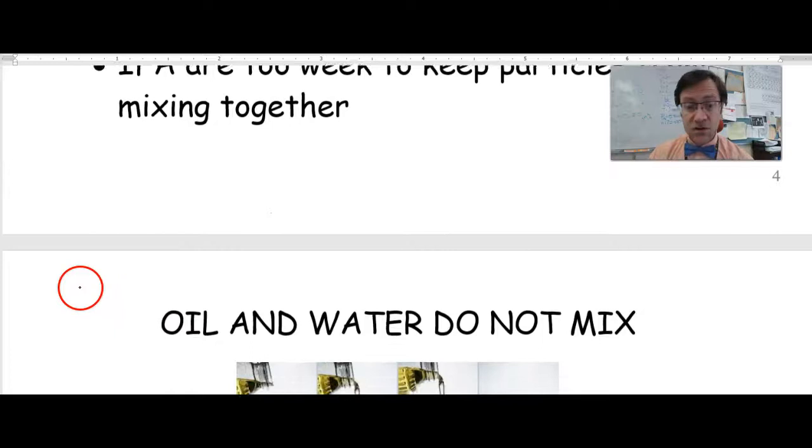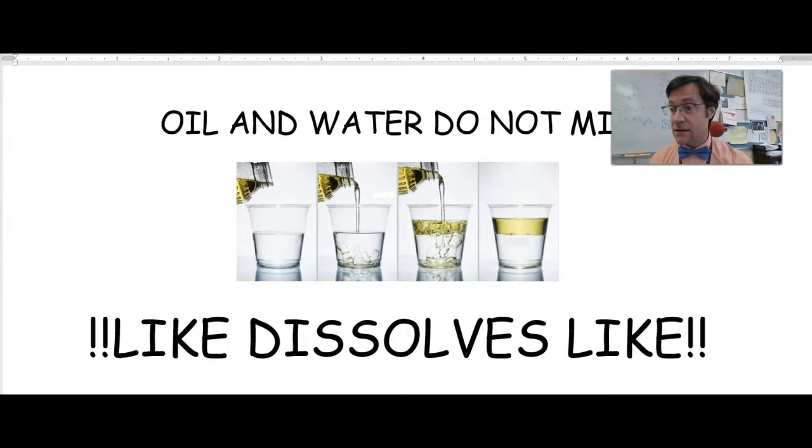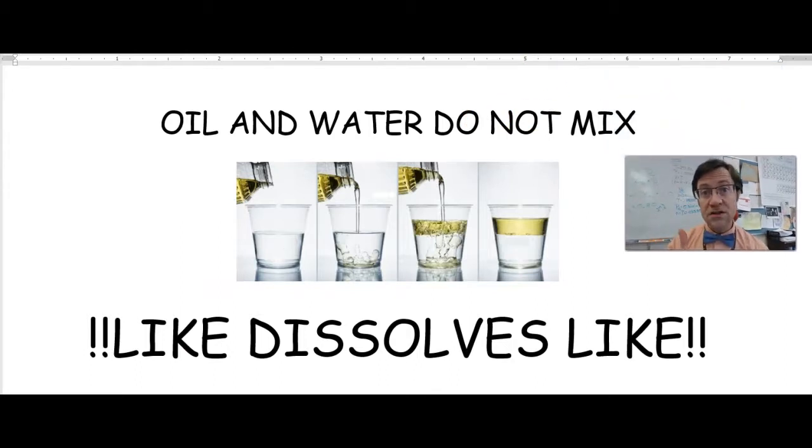You dig? So one of the things that we like to say is "like dissolves like." And what that means is polar dissolves polar and ionic, and nonpolar dissolves nonpolar. Right? So if you can see in this little picture, when you throw oil in there, the oil is just sort of chilling. The oil molecules really aren't doing anything, but what is doing something is the water.